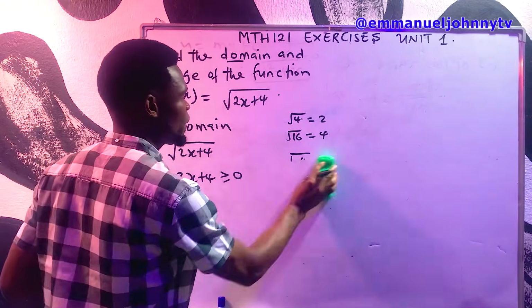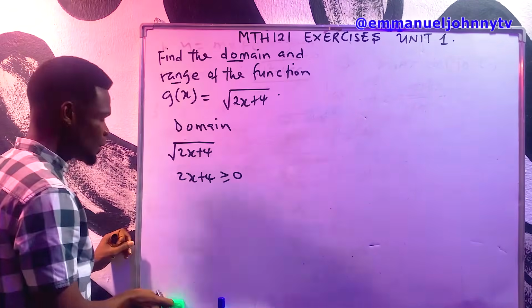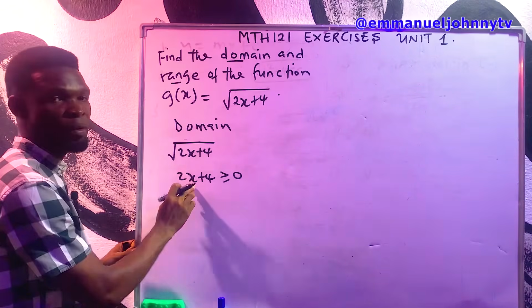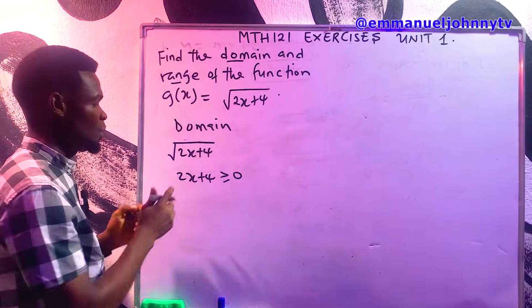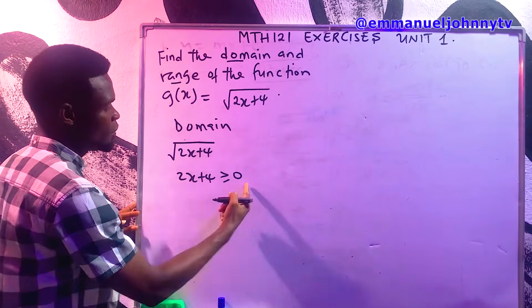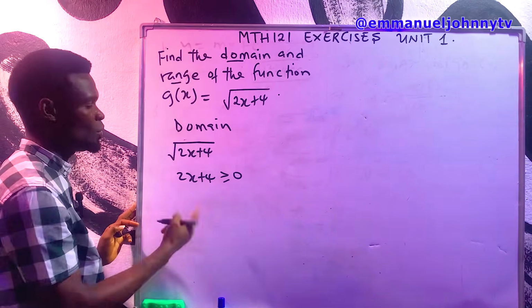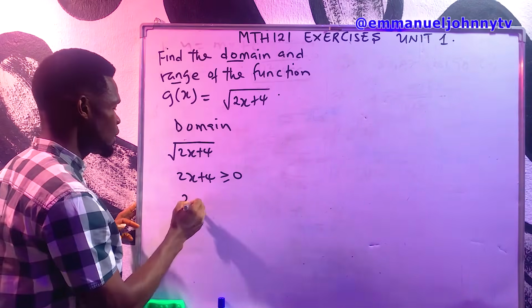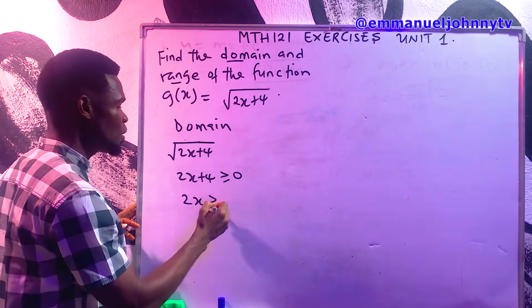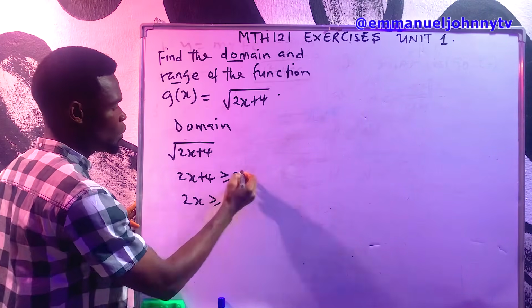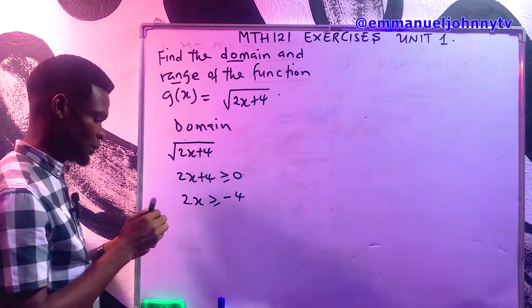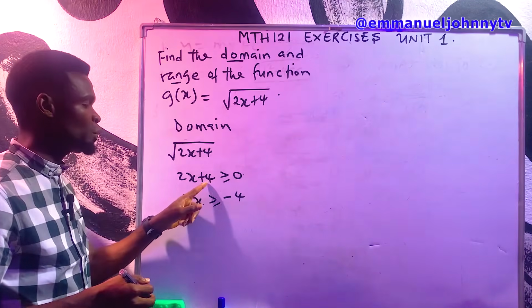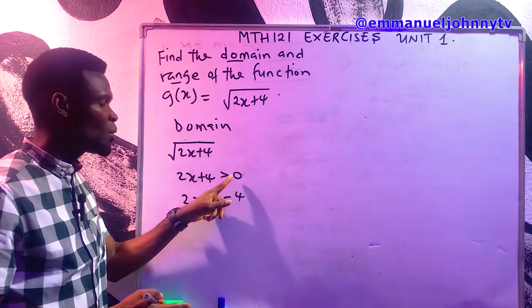Once you define that, the next thing is for us to find the values of x. So it means that this is linear inequality. What do we do? Collect like terms. So that means that 2x is greater than or equals to, plus 4 will cross and become minus 4. Please, we say that 2x plus 4 must be greater than or equals to 0.